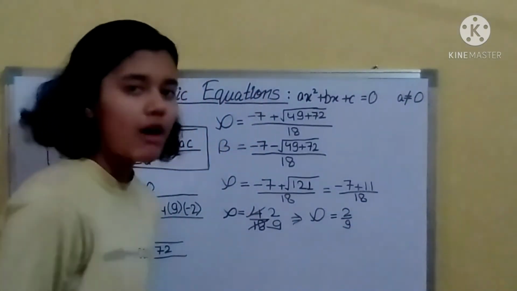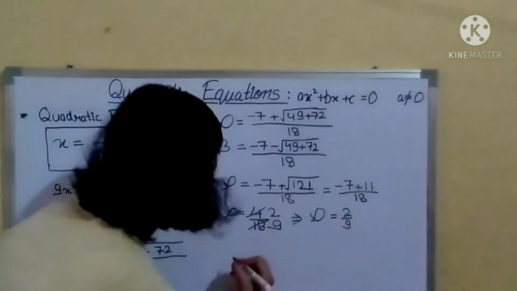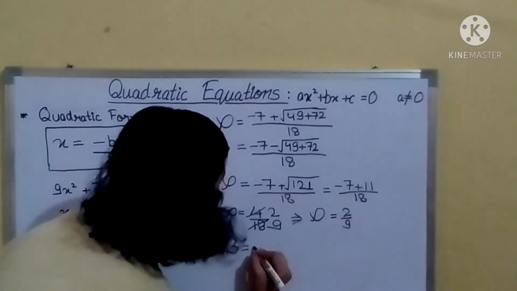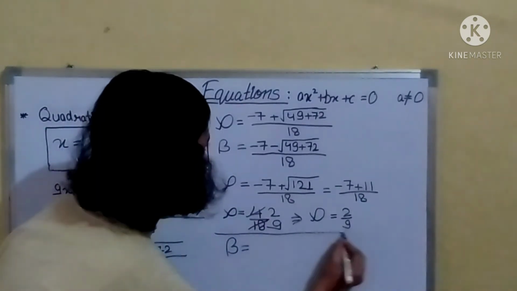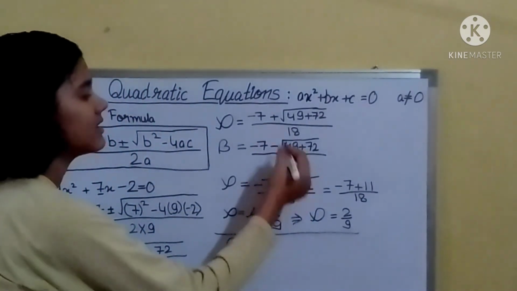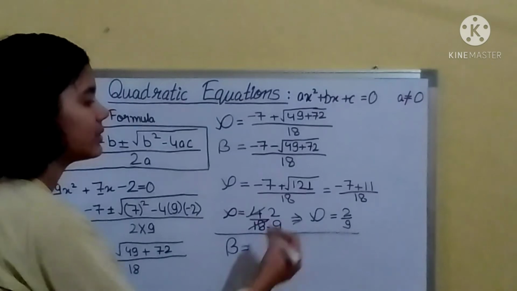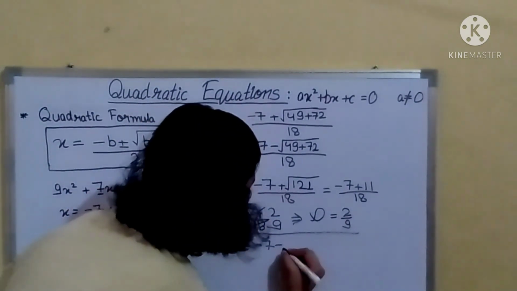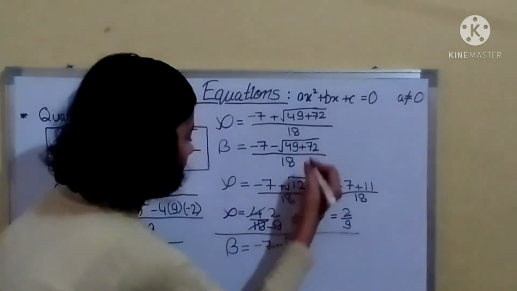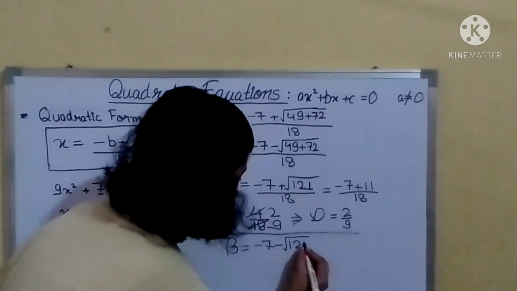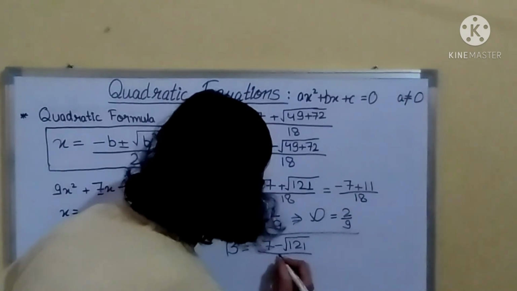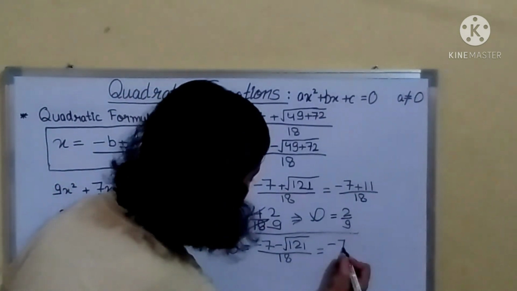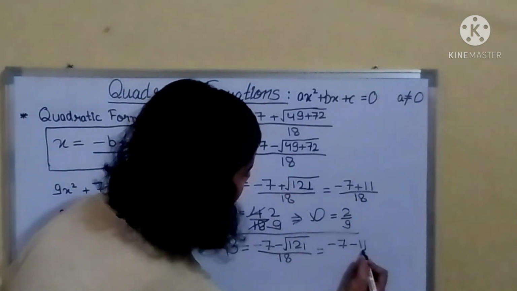Okay. Now we will solve for beta. The beta value is minus 7 minus root 49 plus 72 upon 18. So minus 7 minus root 121 upon 18 is equal to minus 7 minus 11 upon 18.